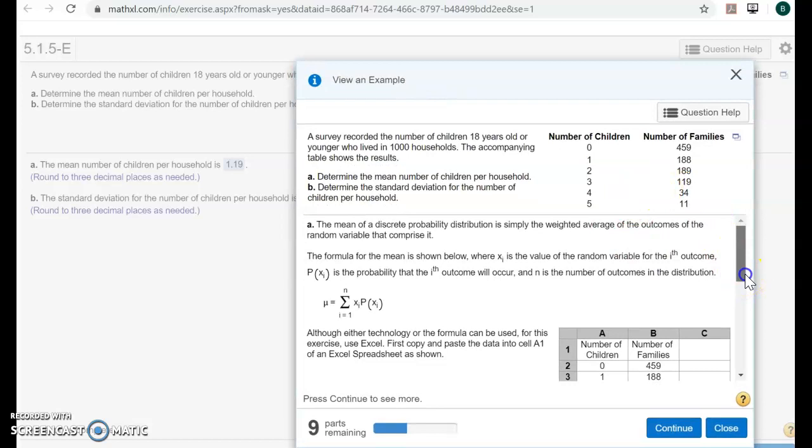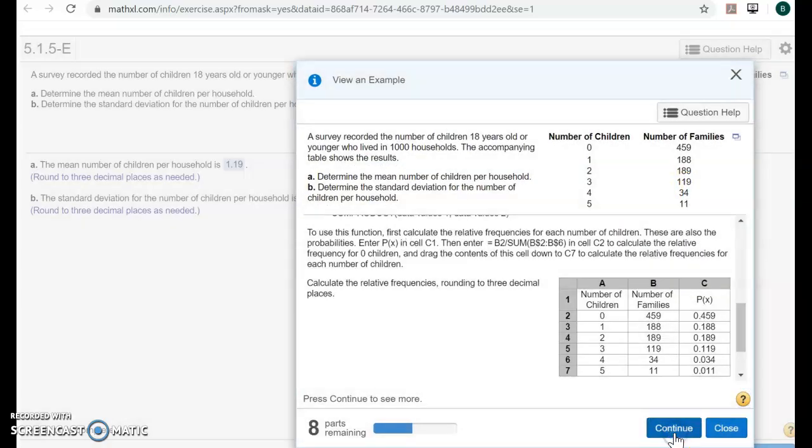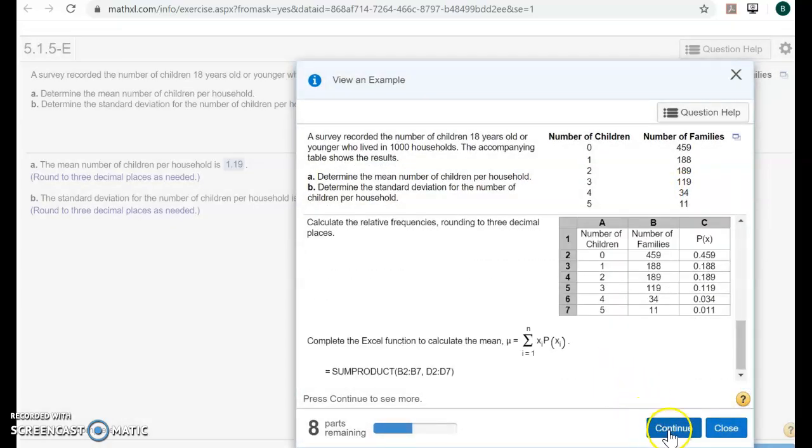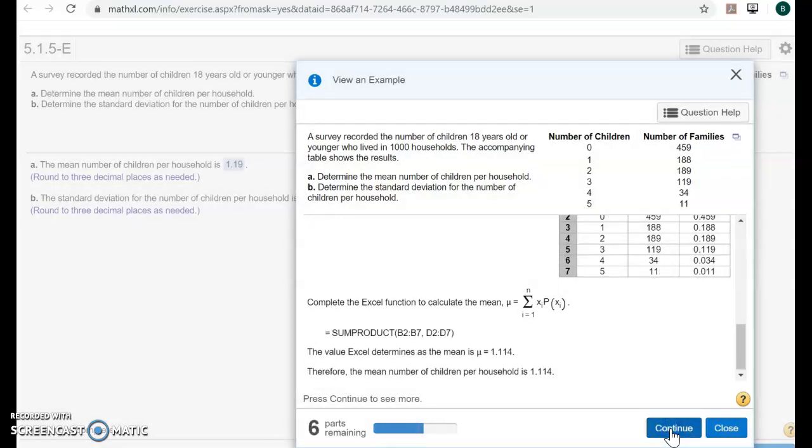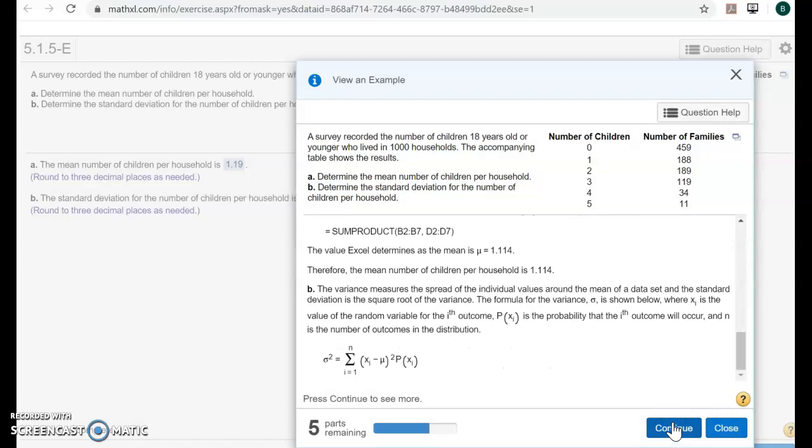Now the standard deviation has a little bit more to it. Let me keep going. For the standard deviation, for each value of X, we're going to subtract the mean and square it. So let's do that first.